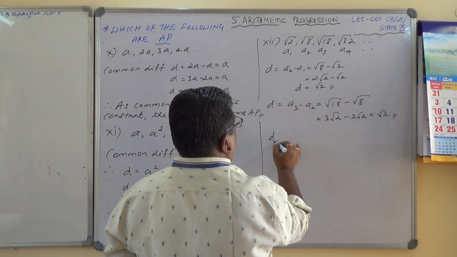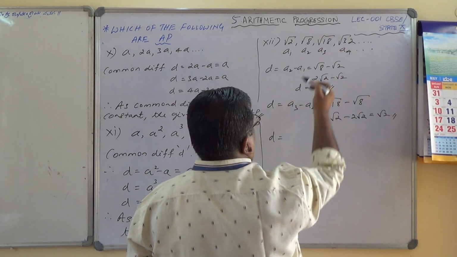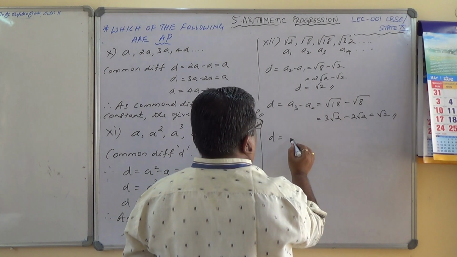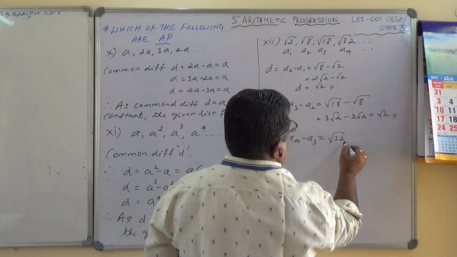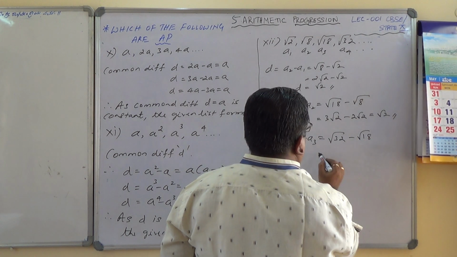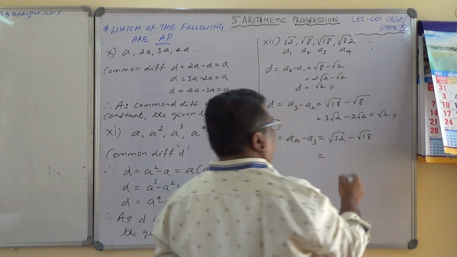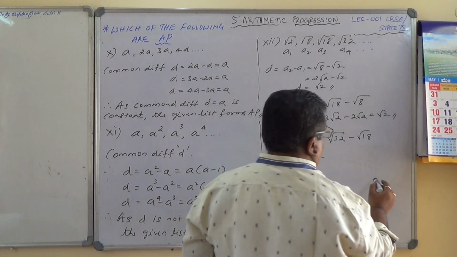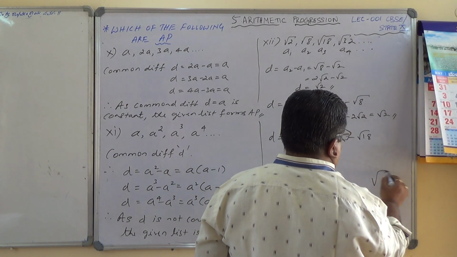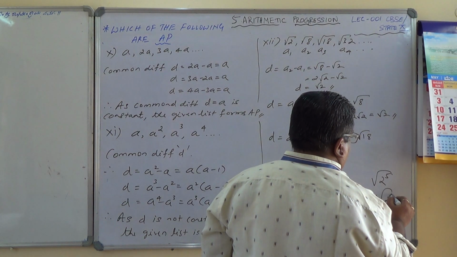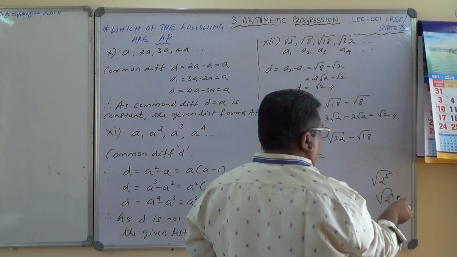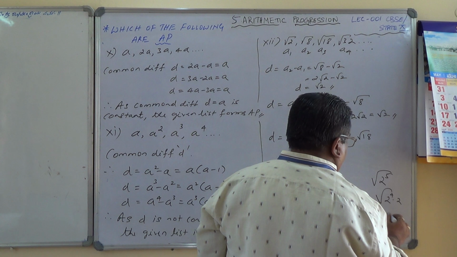Next, also D can be written as A4 minus A3, root of 32 minus root of 18. Root of 32 is nothing but, how much is it? Under root of 2 to the power 5, under root of 2 to the power 4 into 2. 2 to the power 4 comes out as 2 to the power 2, and 2.